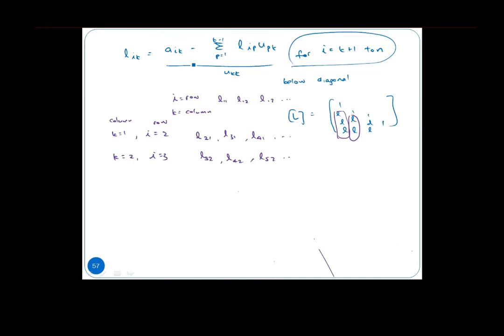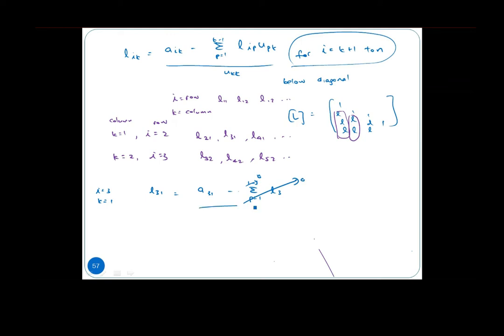If I want to find L31, I equals 3, K equals 1, so L31 is A31 minus the sum from P equals 1 to K minus 1, which is 0, so that part is 0.